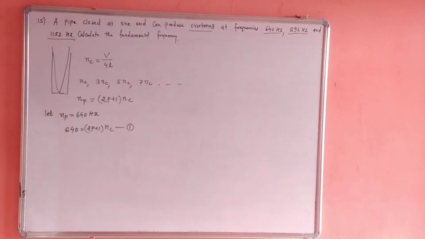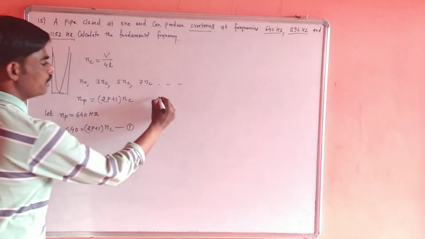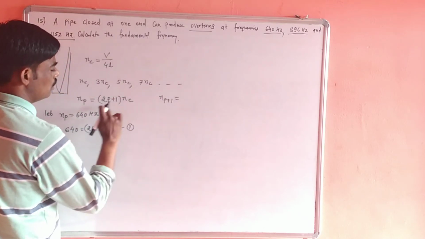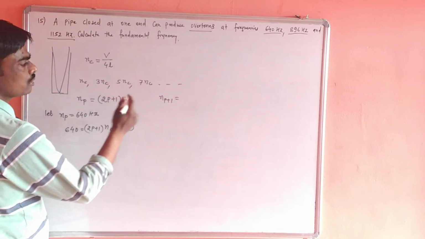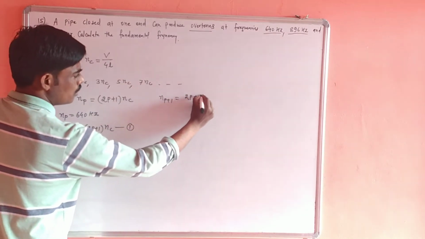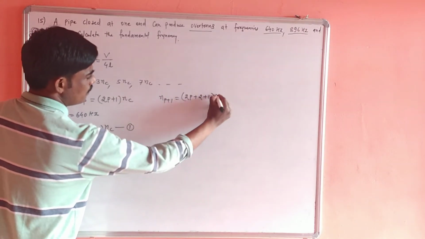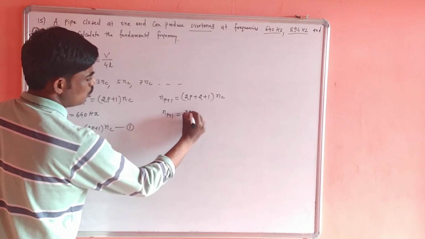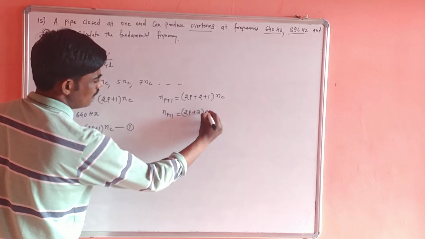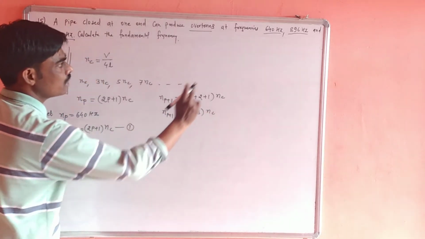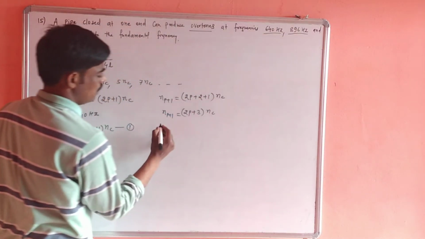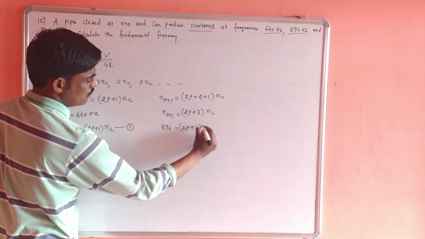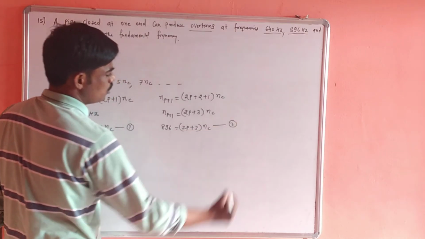The next successive overtone becomes NP plus 1, 2 times P plus 1, so it becomes 2P plus 2 plus 1 times NC. That is NP plus 1, 2P plus 3 times NC, and 2P plus 1 is the second overtone. 896 equals 2P plus 3 times NC. This is equation 2.